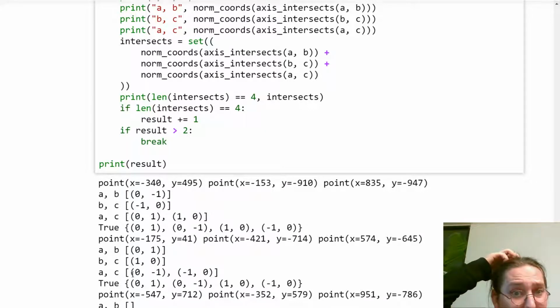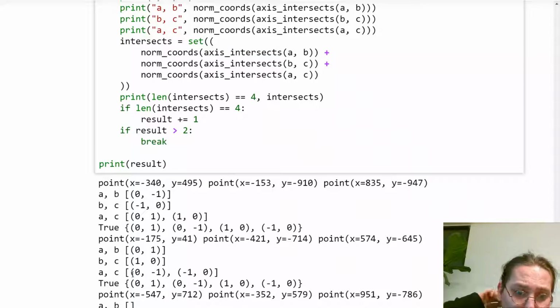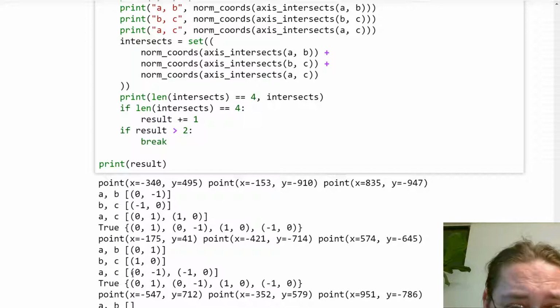So now it says AB intersects in the west, which is true. It says BC intersects in the south, which is true, and it says AC intersects in the north.